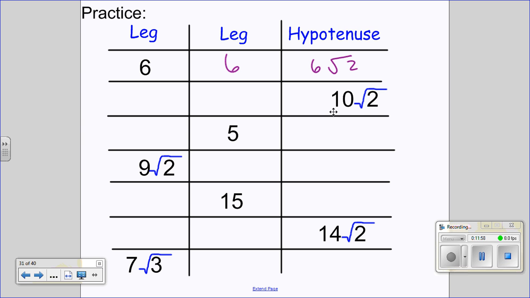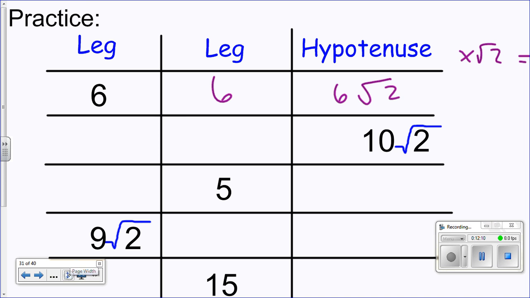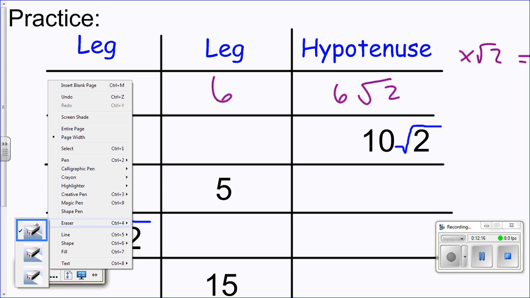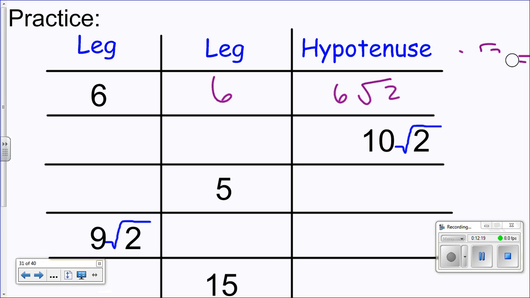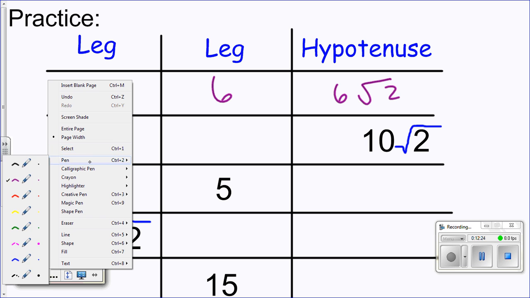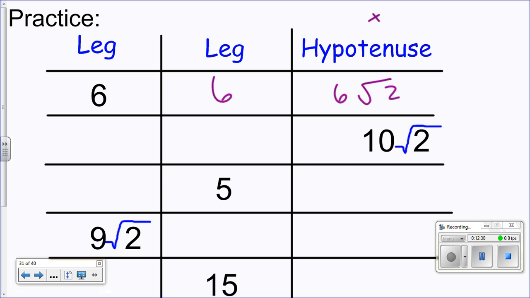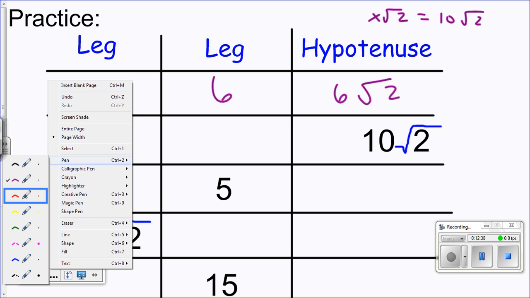Well, on the next one, all they give me is the hypotenuse, right? And we know that the hypotenuse is always x root 2. So if I have x root 2 equal to 10 root 2, and I want to solve for x, I would have to divide both sides by root 2.